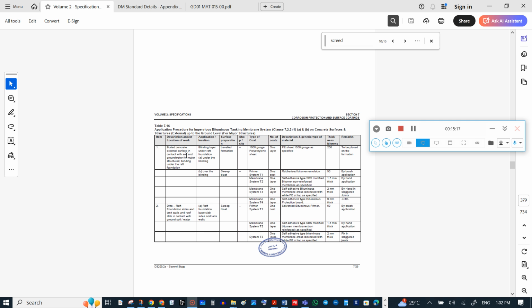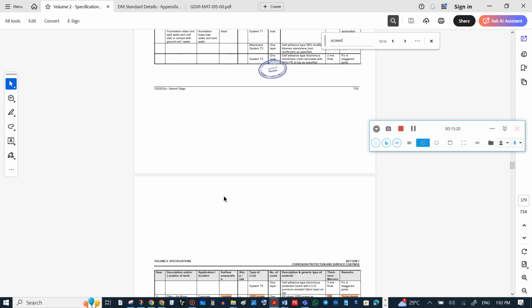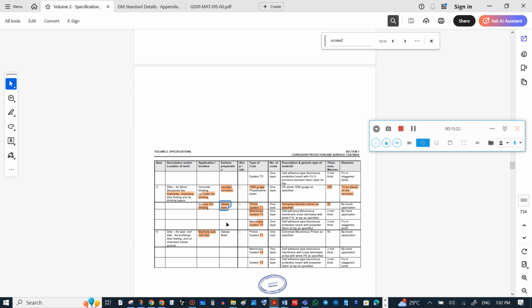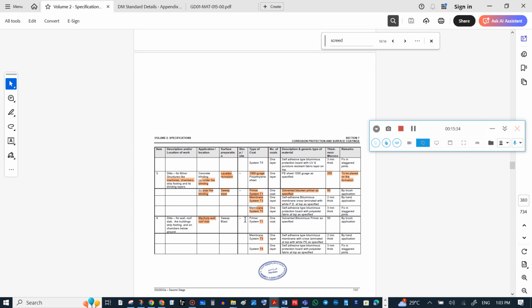So this is the combination of the waterproofing system. For the manholes, what we have here is T1 plus T3 plus T5: T1 system primer, T3 and T5.